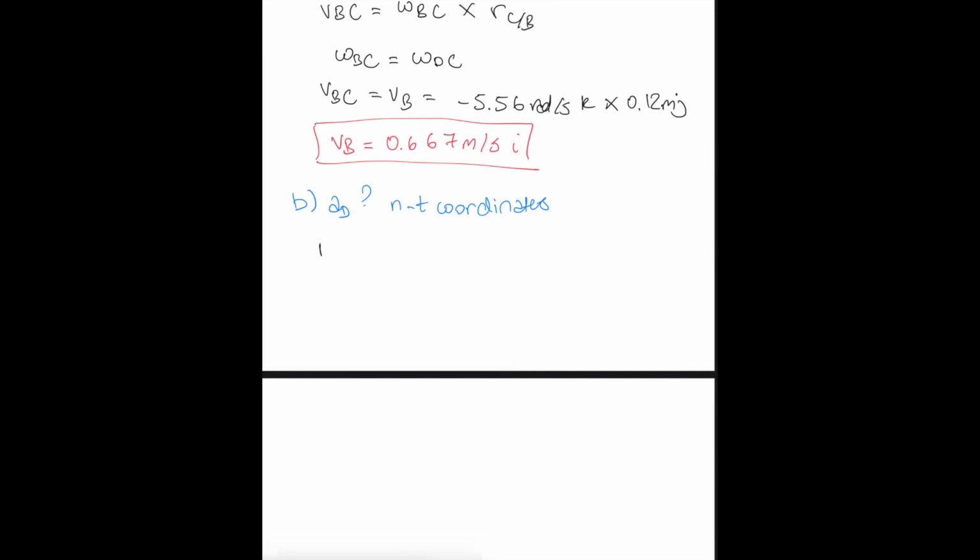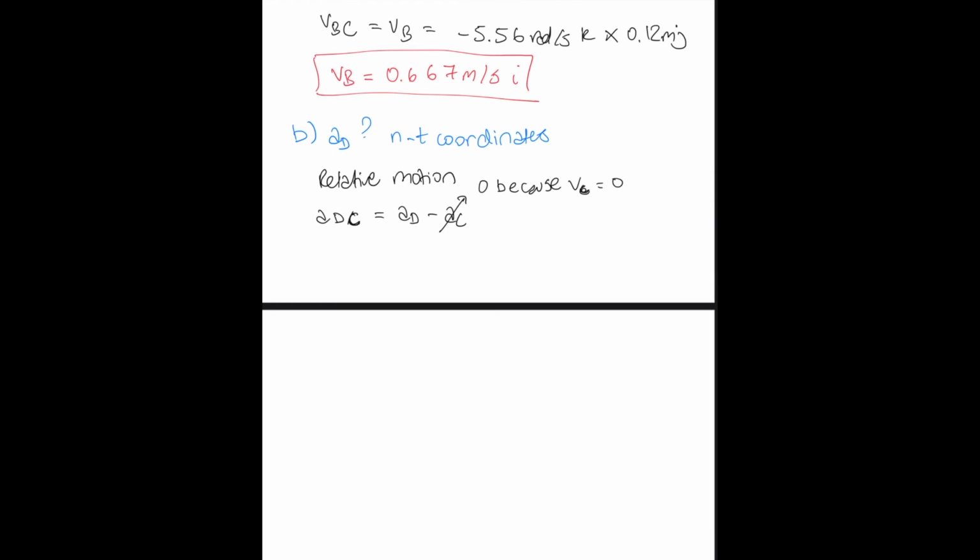So again, using our relative motion equations, we know that ADC is going to be equal to AD minus AC. And AC is going to be equal to 0 because VC is 0.